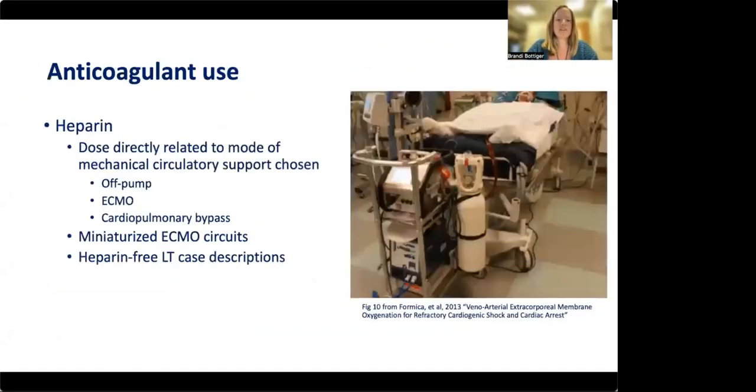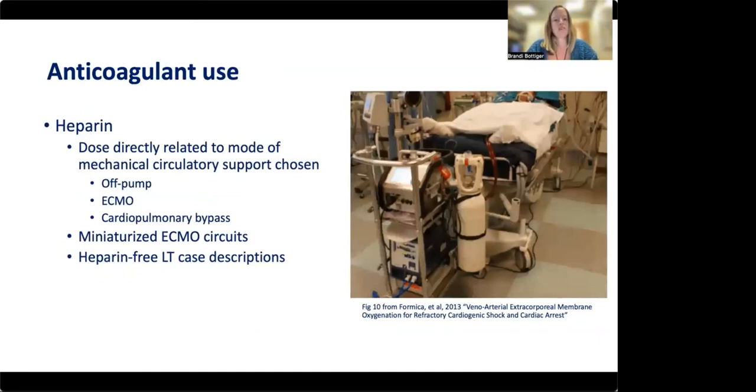So what about anticoagulant use? More heparin has been associated with more bleeding. It's also usually associated with an increased level of support by mechanical circulatory support. So a bypass circuit will require more heparin than, say, an ECMO circuit or doing an off-pump procedure.